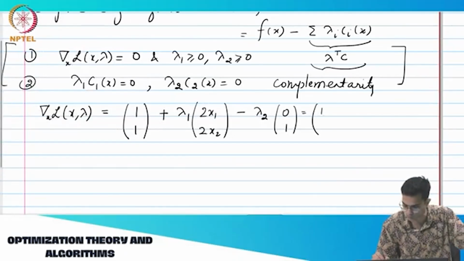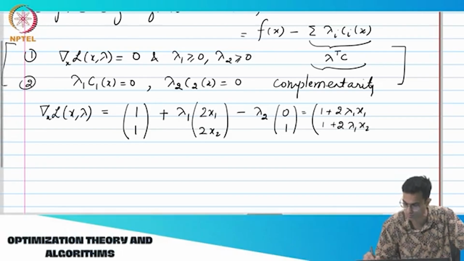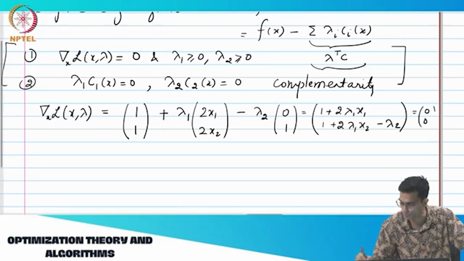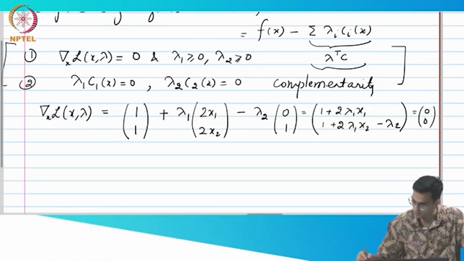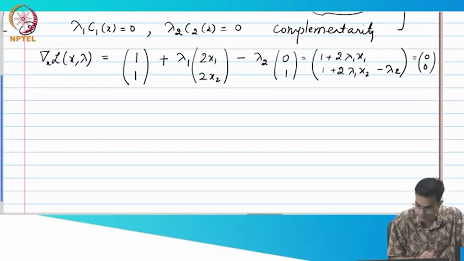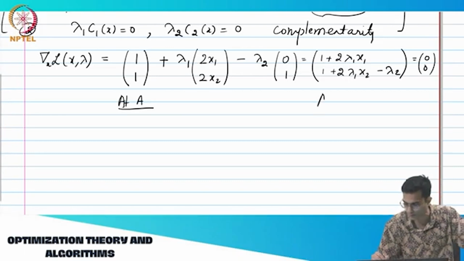So I'm going to get 1 plus 2 lambda 1 x1, and then 1 plus 2 lambda 1 x2 minus lambda 2. This should be equal to (0, 0). Okay. So now let's do this analysis for point A and point B.